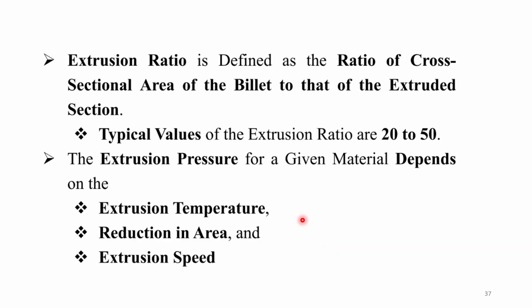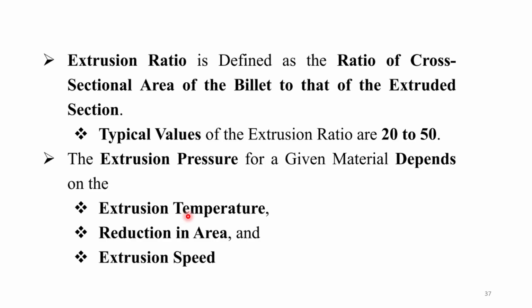Next is extrusion ratio. It is defined as the ratio of the cross section area of the billet to that of the extruded section. The typical values of the extrusion ratio are 20 to 50, and the extrusion pressure for a given material depends on extrusion temperature.